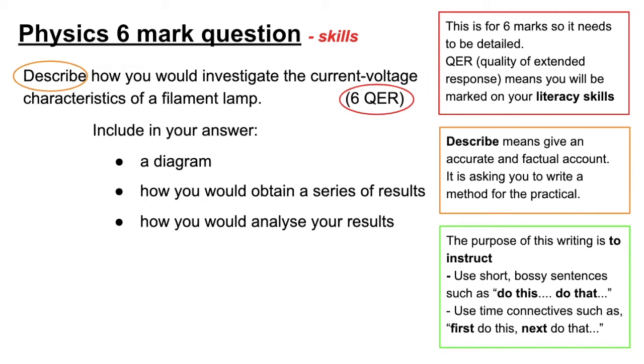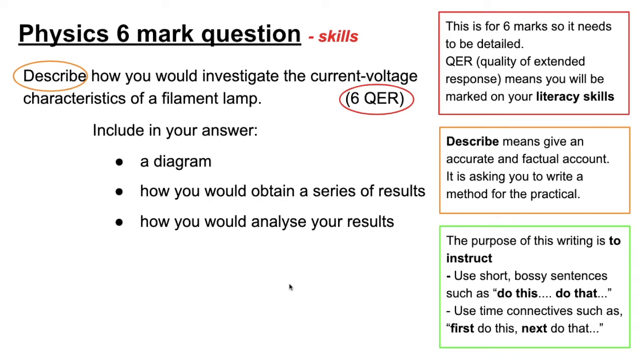Now, how do you write well for this particular type of question? Well, you ask yourself, same as in English, same as in geography, in all your subjects, what's the purpose of the writing? For this, the writing is to instruct, is to tell someone what to do. So your sentences don't need to be long and complicated. You need short, bossy sentences. So you say, do this, then do that, then do this.